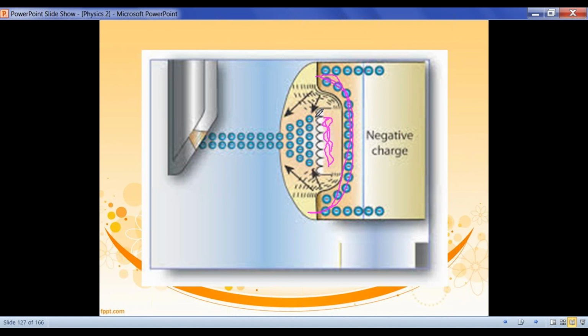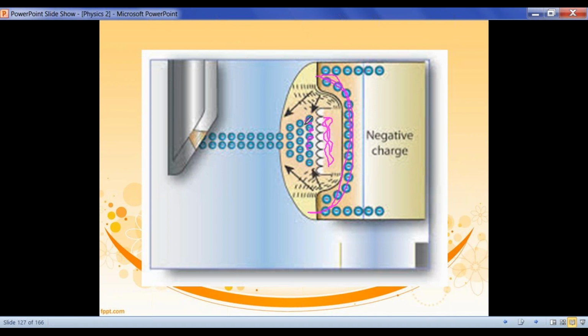Nangyayari po yung space charge effect if sobrang dami ng electrons na mapoproduce ng ating filament. Bakit po sobrang dami? Ito po ay dahil masyadong mainit ang ating filament. Hindi po control ang amount of mA, amount of amperage na in-apply sa ating filament, kaya hindi rin po control yung number of electrons na kanyang produce.